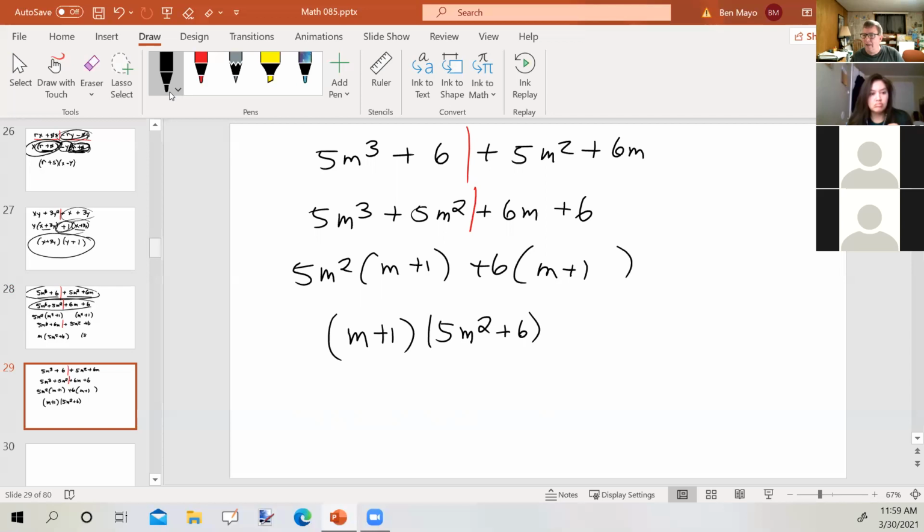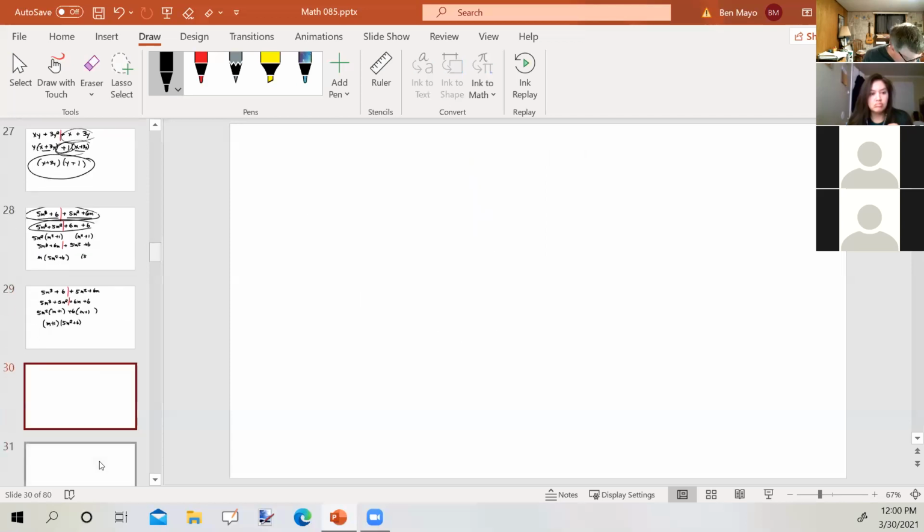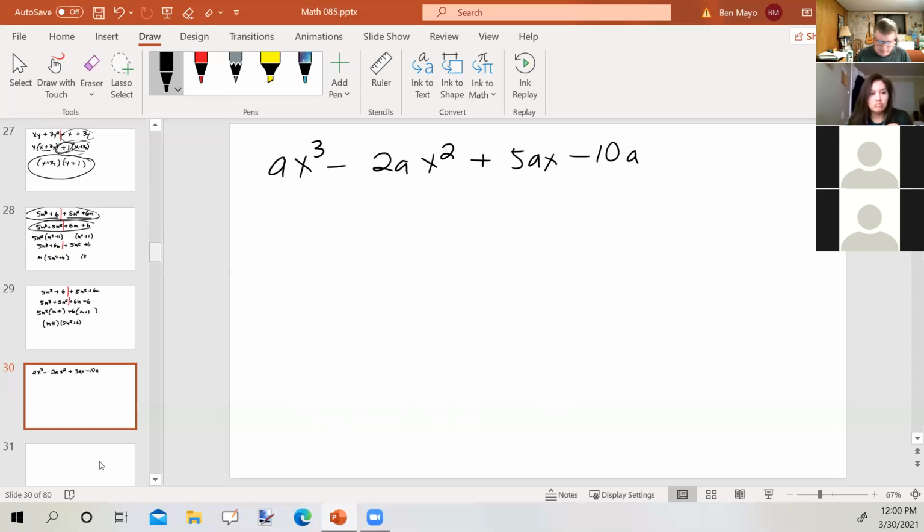Okay, I'd like to show by counterexample. Don't do what I did. Let's take a look at this problem: ax cubed minus 2ax squared plus 5ax minus 10a. The directions say factor by grouping, but also remember to factor out the GCF first.